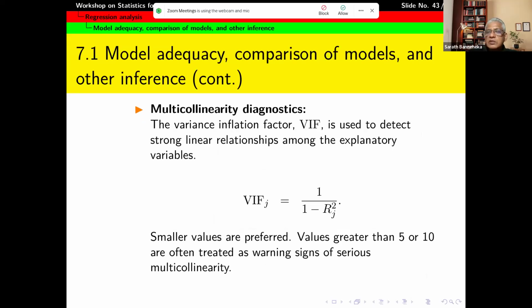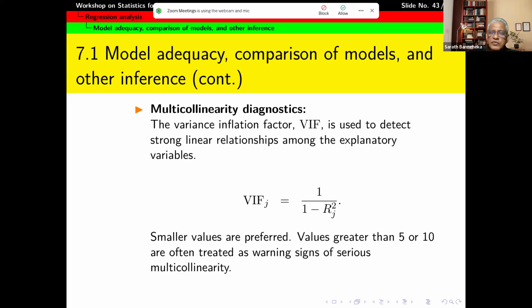And also in regression, especially in polynomial regression, and when several x variables are highly correlated, there is some effect called the multicollinearity effect on the regression model, which makes the fitted model very unstable.